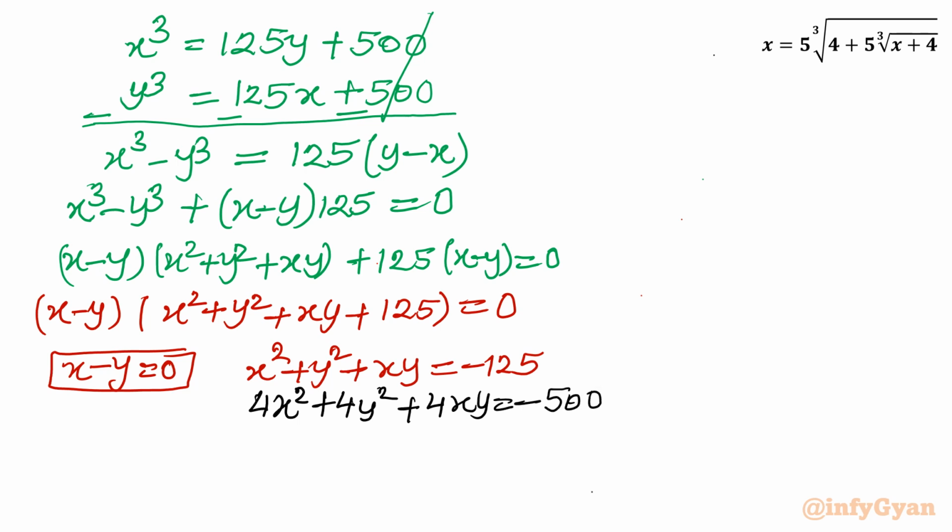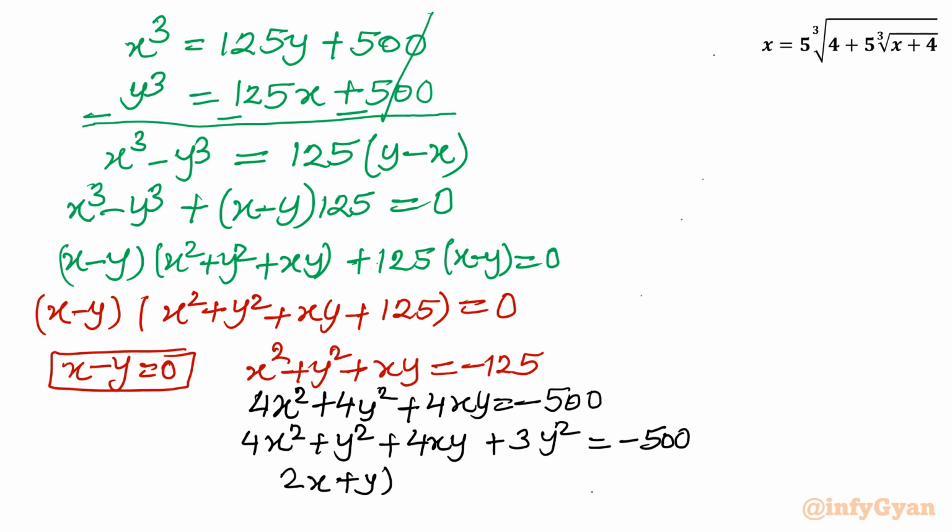If I split 4y square like this, 4x square plus y square plus 4xy, and then 3y square separately, equal to minus 500. Now from the first three terms you can see it is a perfect square, 2x plus y whole square: 2x whole square is 4x square, y whole square is y square, 2ab is 2 times 2x times y, 4xy, plus 3y square equal to negative 500.